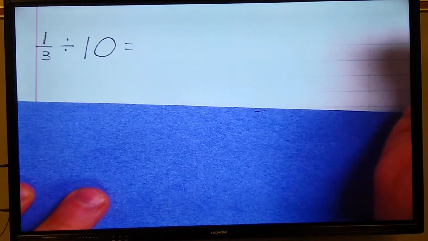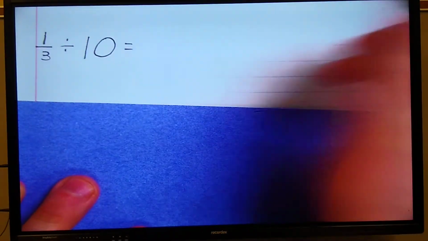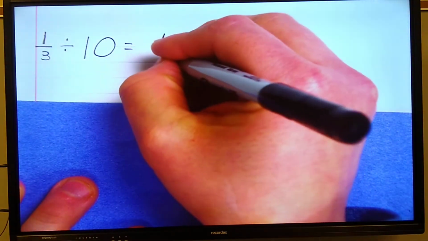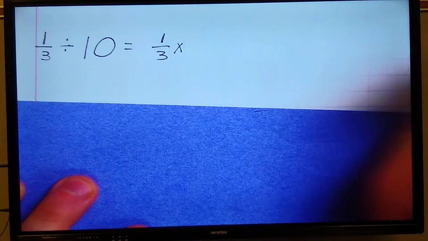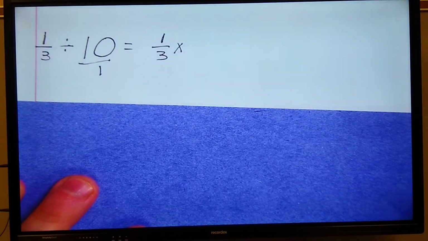Okay, first things first. 1/3 is my dividend. It's going to stay the same. My division becomes multiplication. Now, I have to put a 1 under the whole number still, but then the second thing I have to do is find this reciprocal.